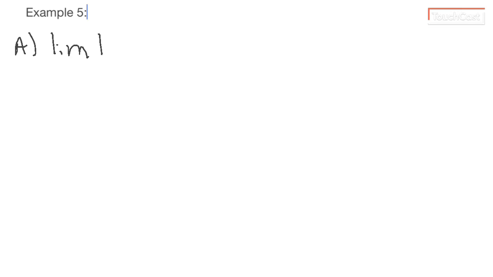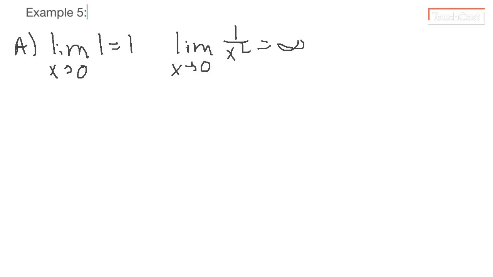We know that the limit of 1 as x approaches 0 is equal to 1. But we're also going to say that the limit of 1 over x squared as x approaches 0 is equal to infinity, which you can confirm by using a graphing utility.